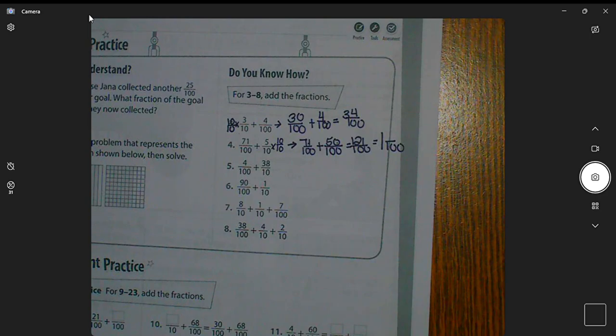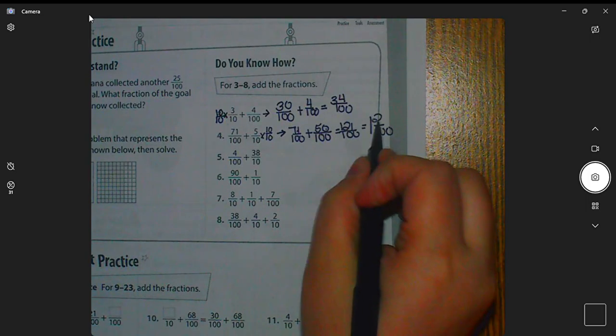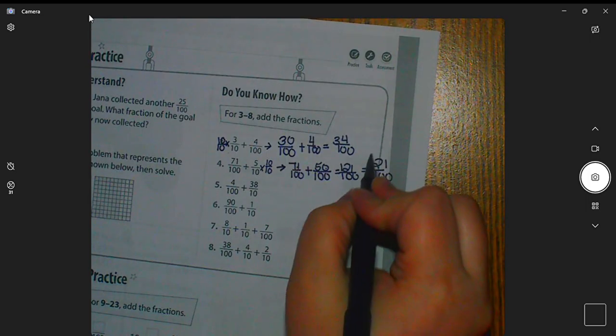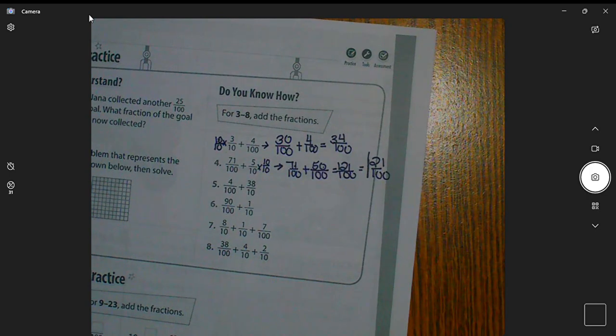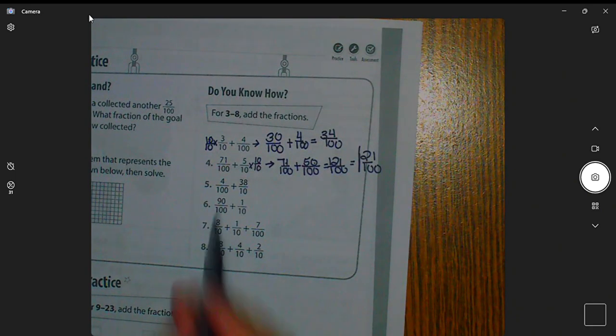You're right. It's 21. And always make sure your whole number stretches the entirety of your fraction. Don't let it hover with your numerator or your denominator because then you get confused. So you're right. It is 1 and 21/100.